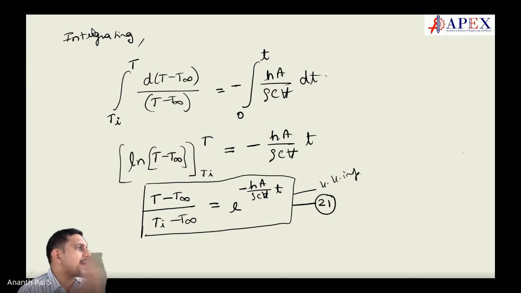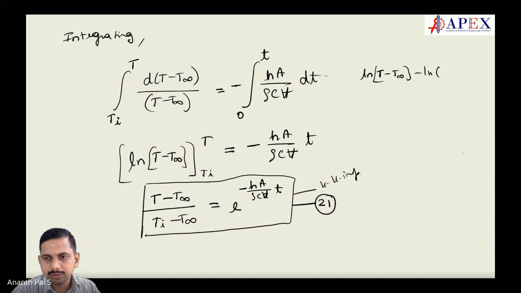No, we are comparing with T infinity because it depends on T minus T infinity. You have log of T minus T infinity minus log of Ti minus T infinity. What is that? It is log of (T minus T infinity) by (Ti minus T infinity).